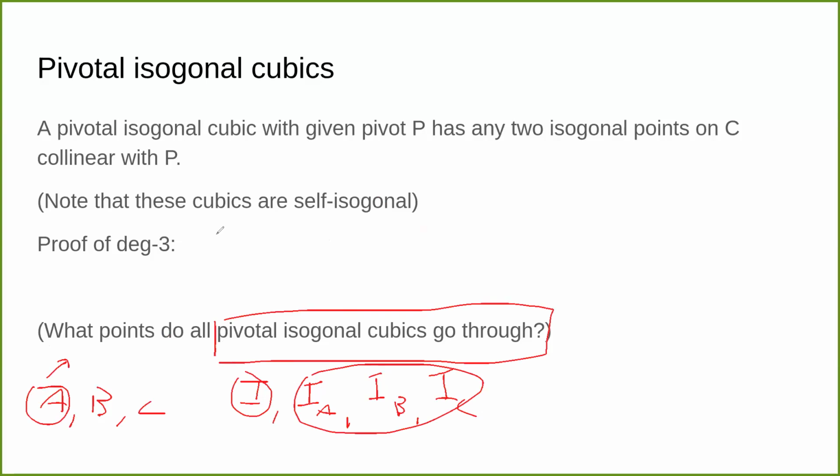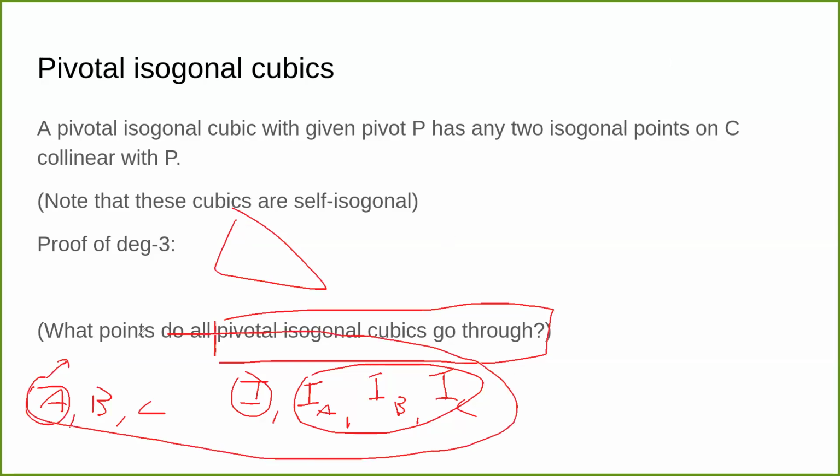So by calculus or something, if you approach A from this point, this line would approach some fixed line, basically. Yeah, it's dumb. But they'll always go through A, B, C, I, I_B, I_C, the incenter and the three excenters, since these are their own isogonal conjugate, right?